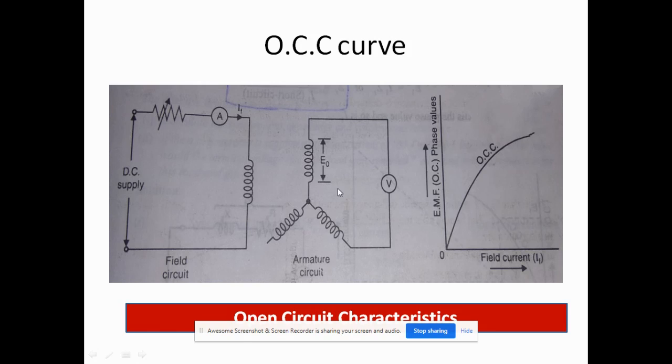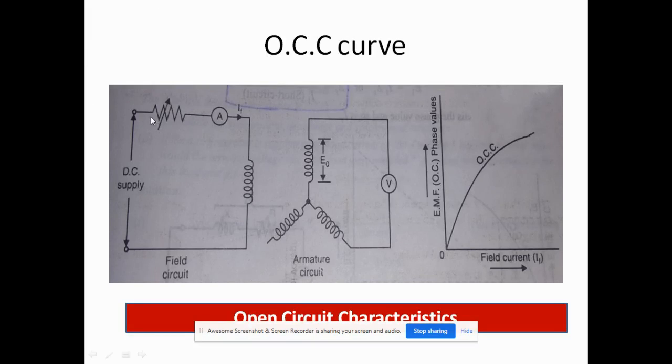One voltmeter is connected across the winding in parallel to measure the open circuit voltage E0, and one ammeter is connected in series with the field winding in the field circuit to measure the field current. As it is an experiment, we need to change the field current by means of the resistance connected in series with the field winding.